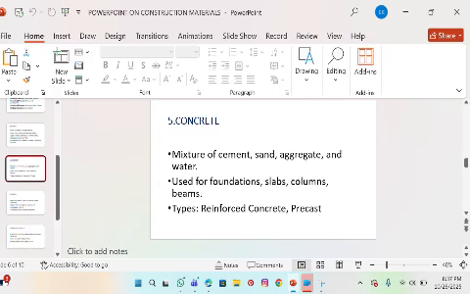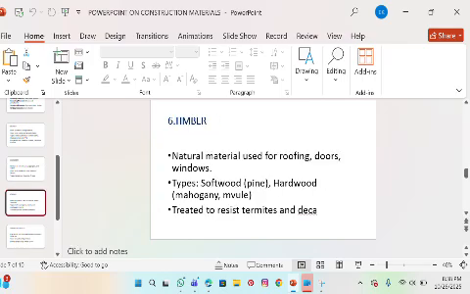Under this type of concrete, reinforced concrete is the one that is prepared in the industry, but precast is the one prepared in the project, at the time that the construction is going on. We also have timber.